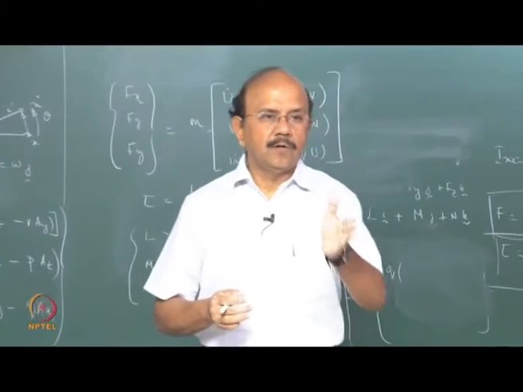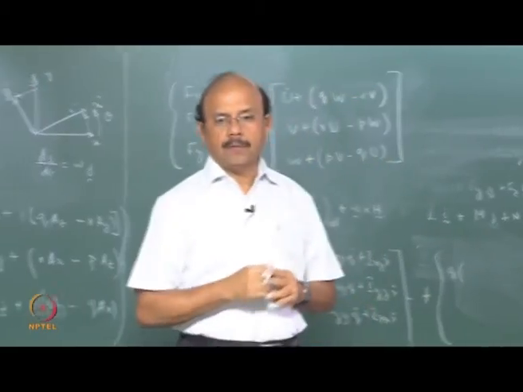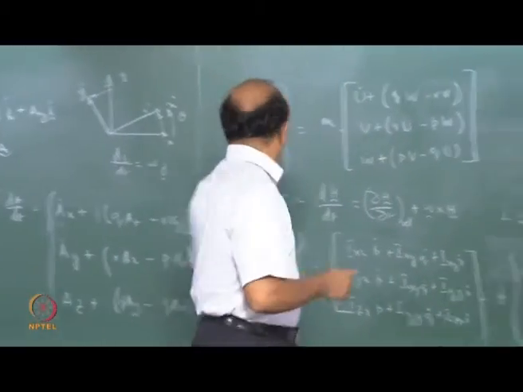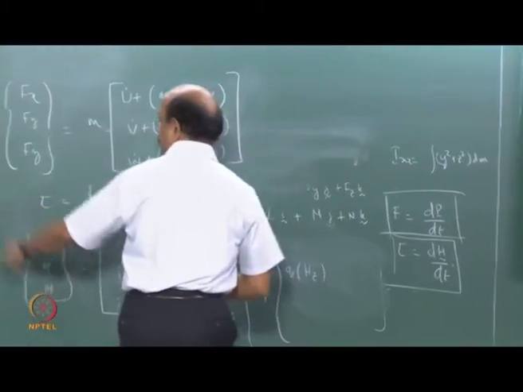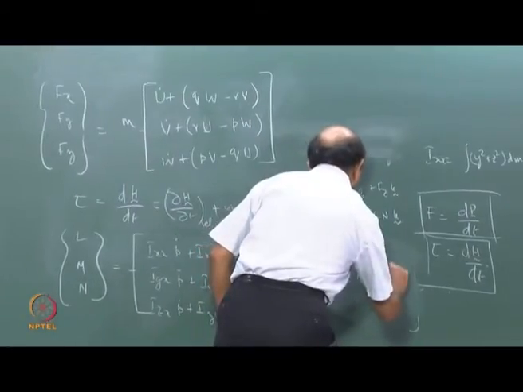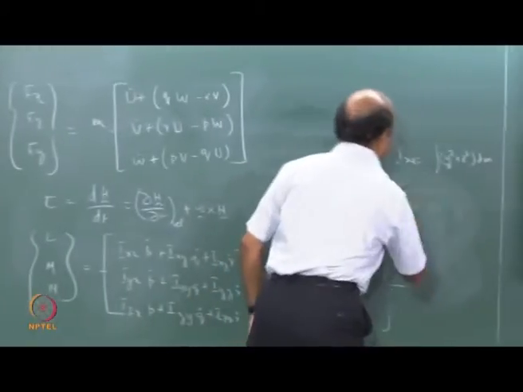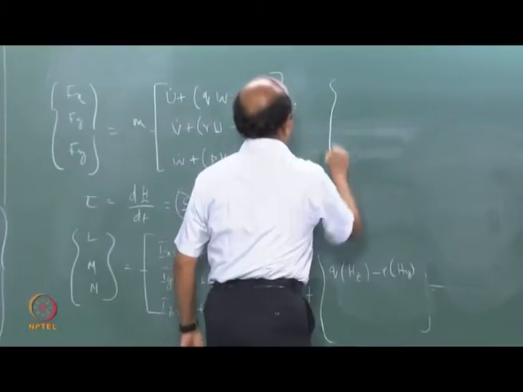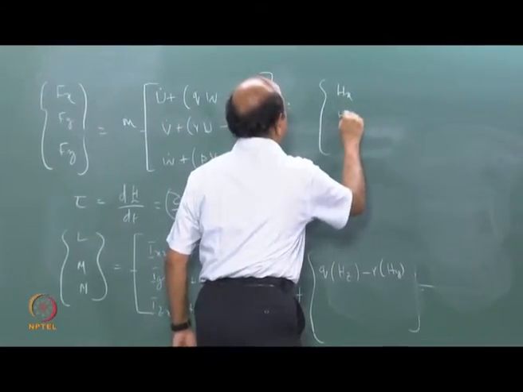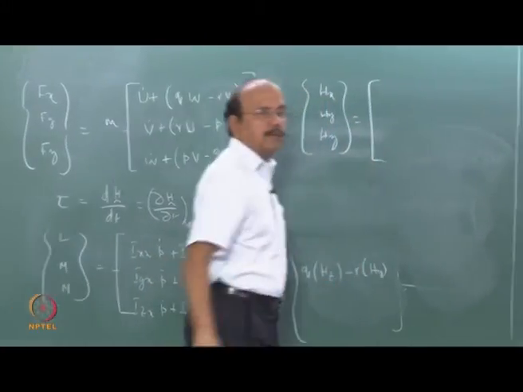There will be 3 terms, right? So write down those 3 terms. So you can write that as Q into Hz minus R into Hy. Remember that Hx, Hy, Hz is what?